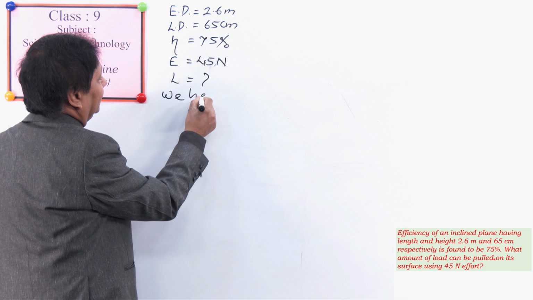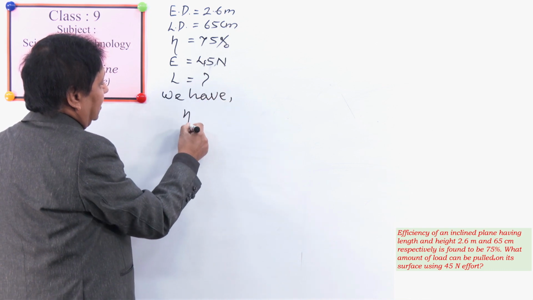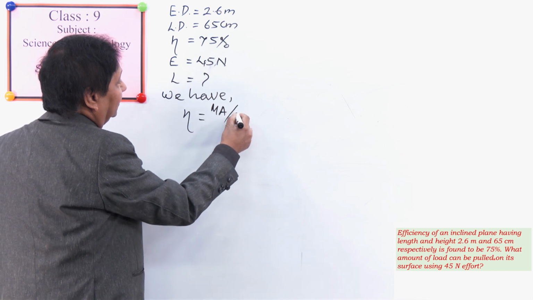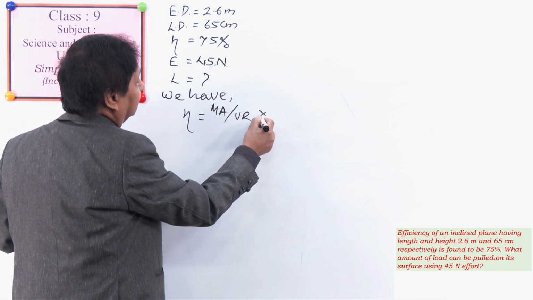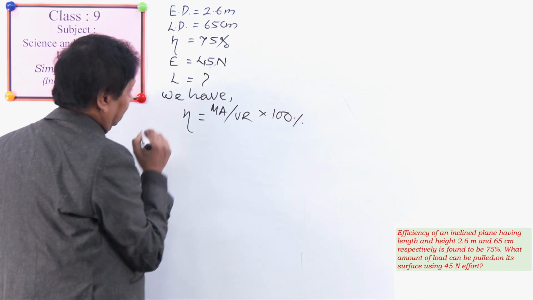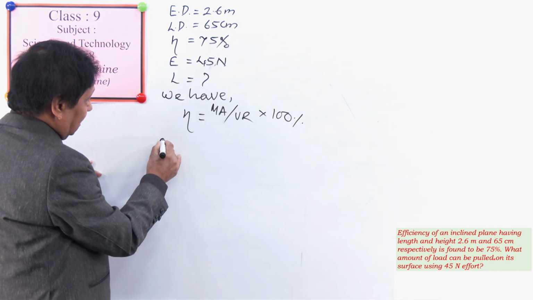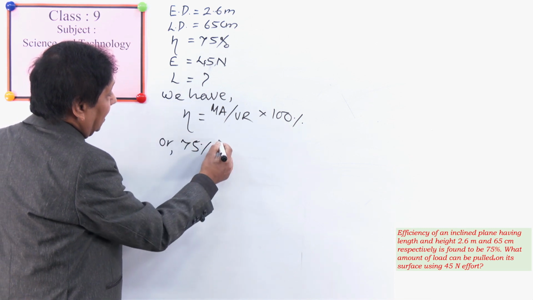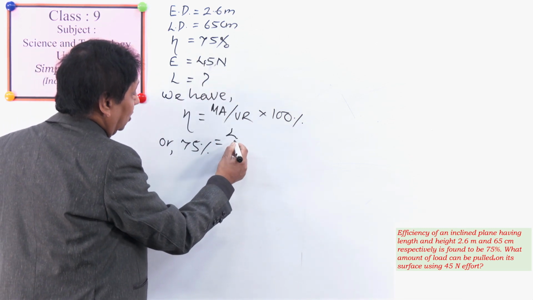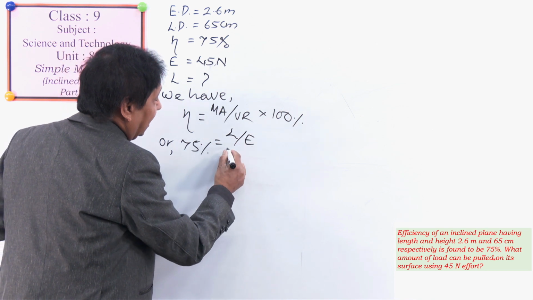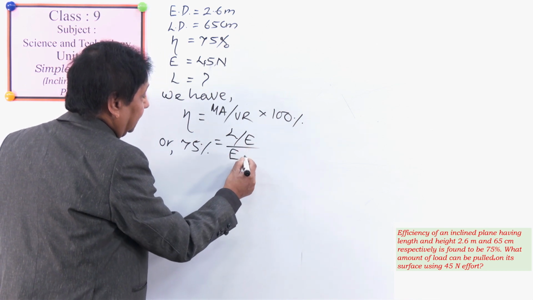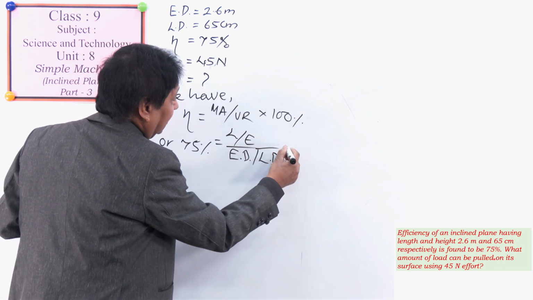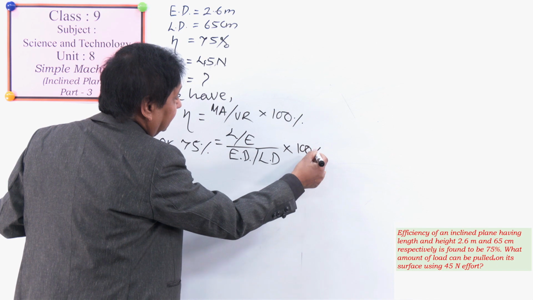We have eta is equal to mechanical advantage upon velocity ratio into 100%. Now I want to elaborate this. Eta is equal to 75% and mechanical advantage is load by effort and velocity ratio is effort distance by load distance, multiplied by 100%.